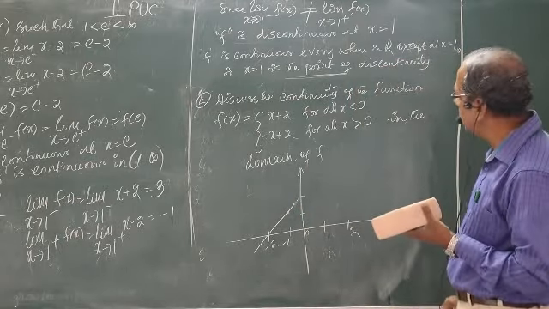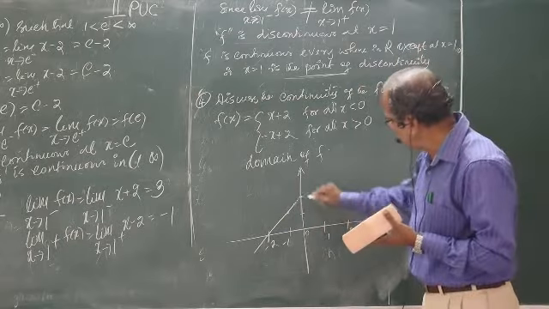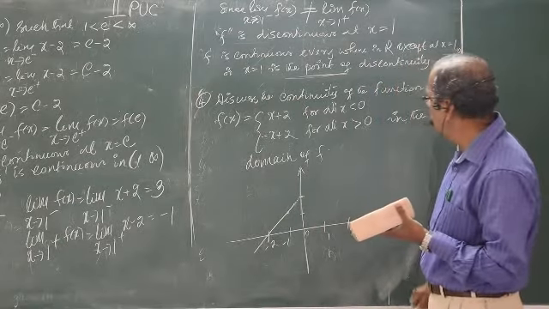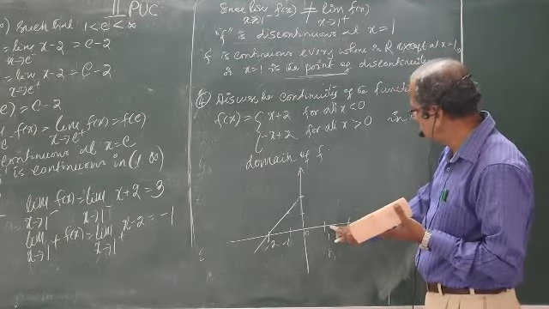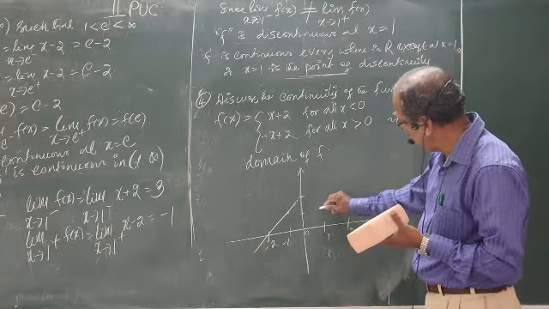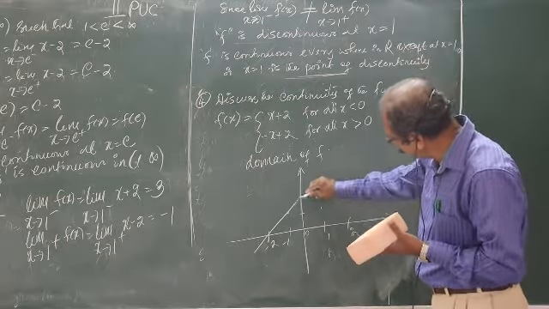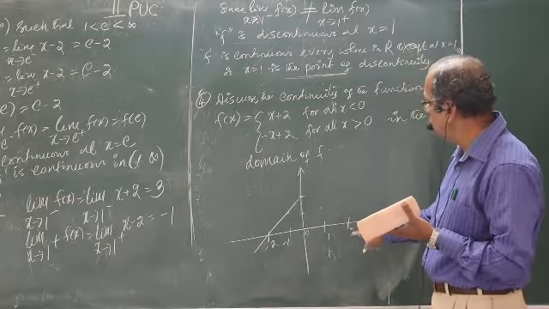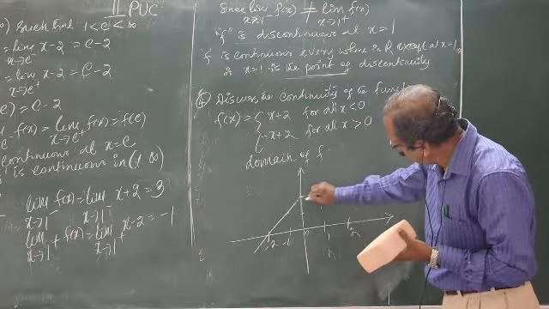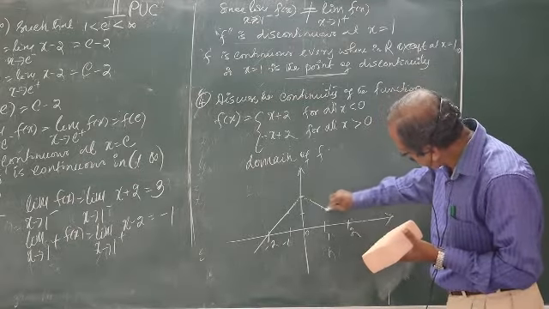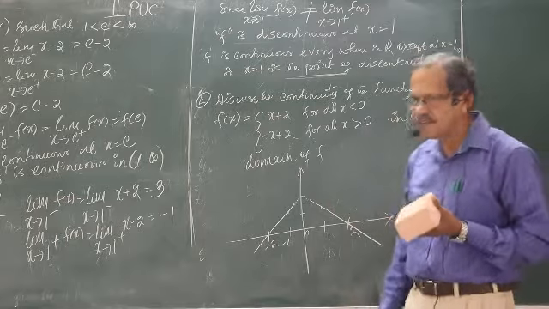For x greater than 0, once again starts at 2, for 1 it is 1, for 2 it is 0. Yes, graph of the function is ready.